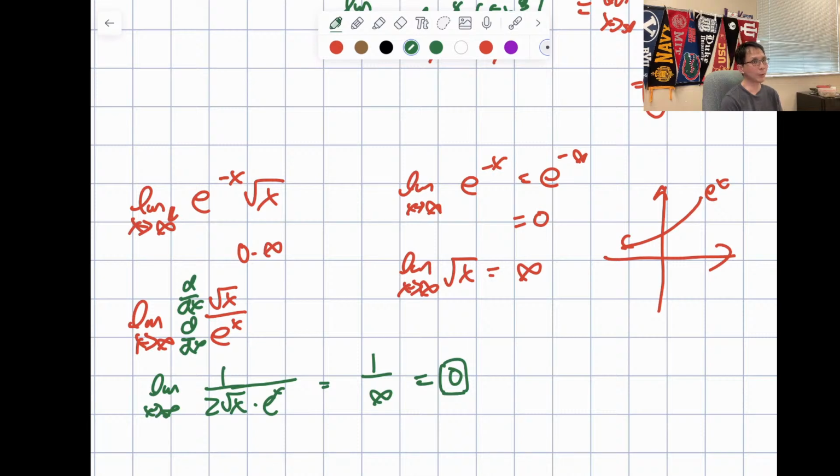Okay, you don't want to bring the square root x down because that does not naturally happen, but you're going to do that for the next example. This is not a natural example because you have negative x, so it's much easier to bring e to the negative x down, becoming positive x. That's more natural. The other one doesn't mean you cannot do it.